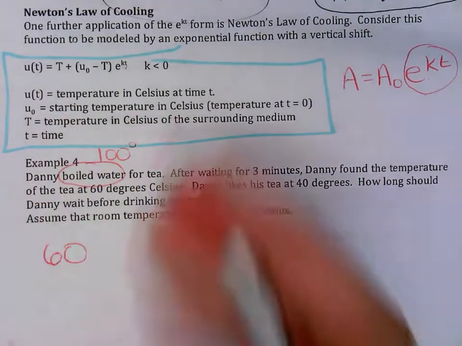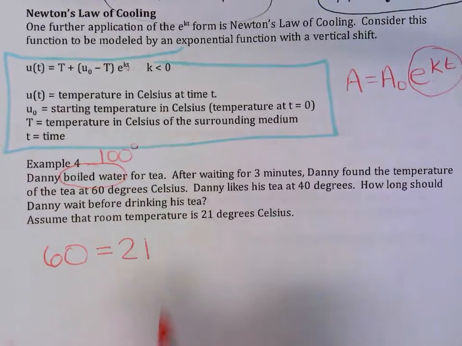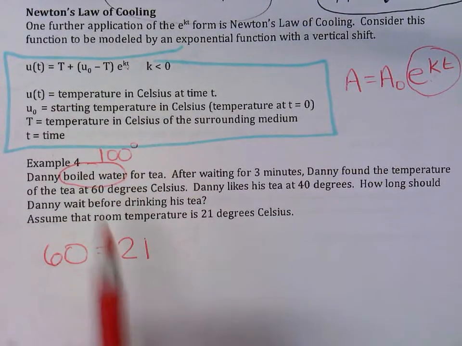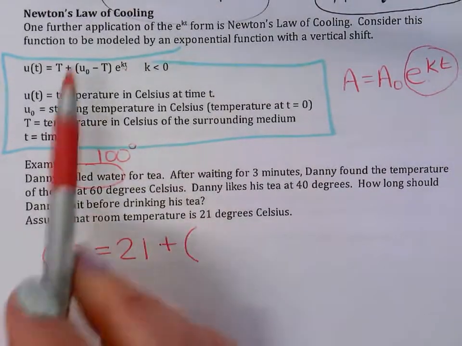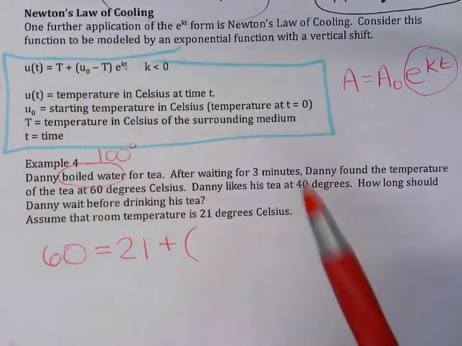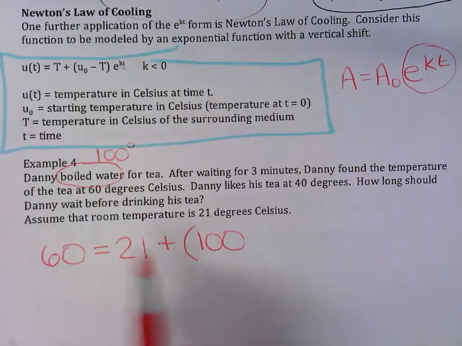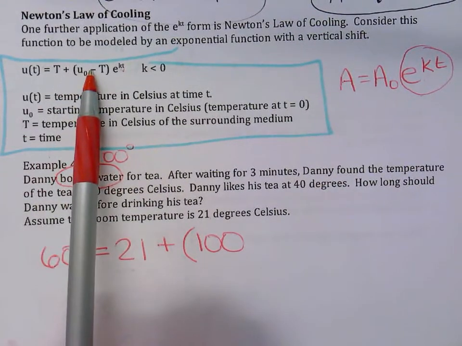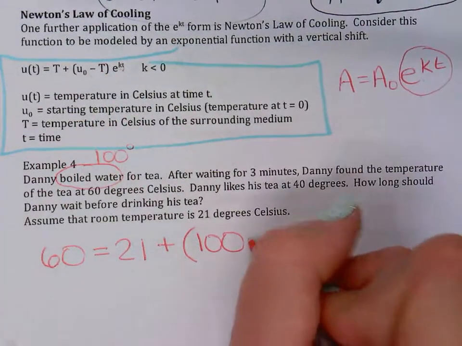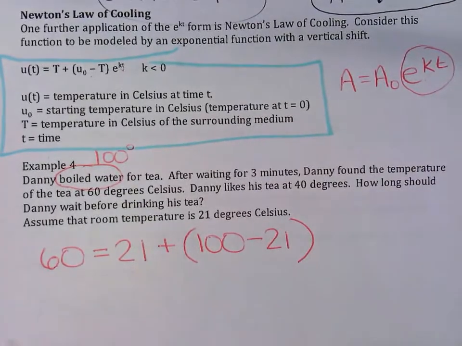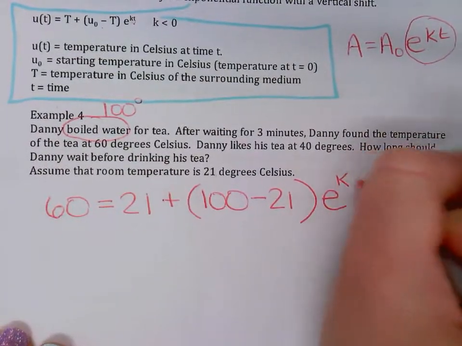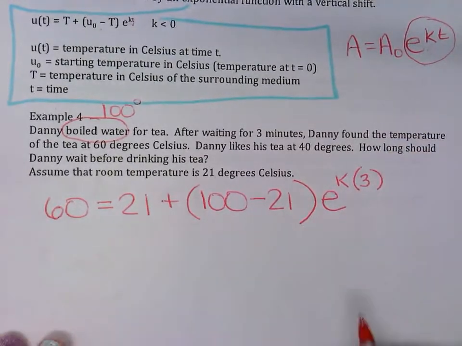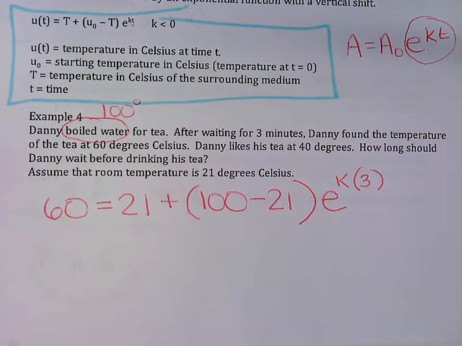So 60 equals 21, that's capital T, plus parentheses, U sub 0, that's my starting temperature. So that's 100. I'm just following this equation, minus the surrounding media, so minus 21. And then e to the, I don't know K, but the time was 3 minutes. So I have to be able to plug stuff into that equation and solve for K.